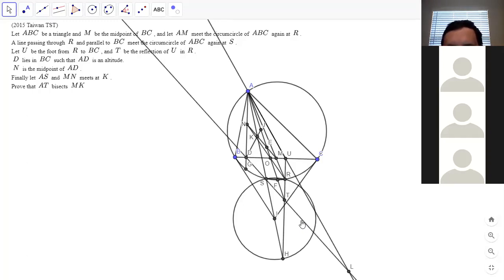So triangle ART is similar, or so ARH is similar to ANK. I wonder if AUR is similar to something. No, ARH is not similar to ANK, I don't think.